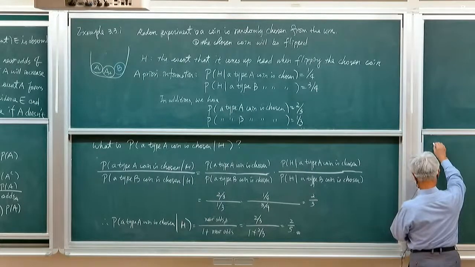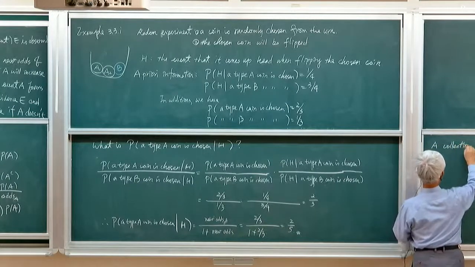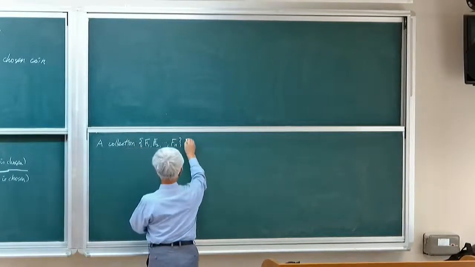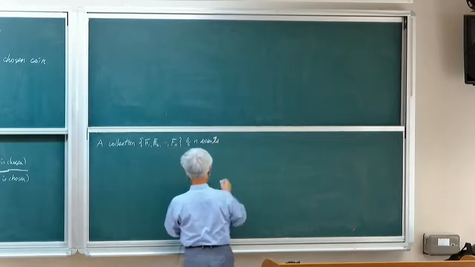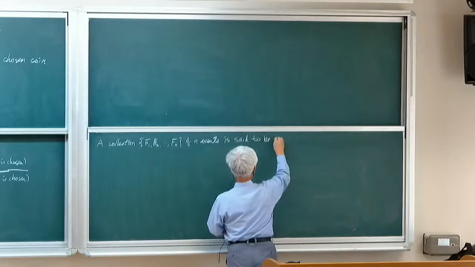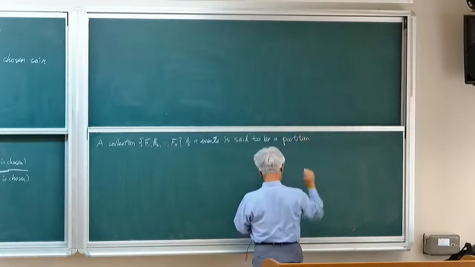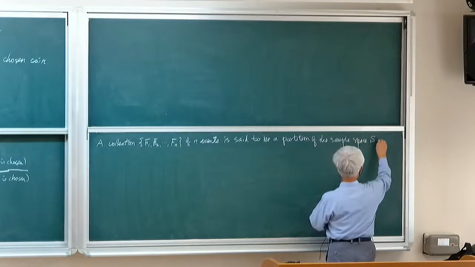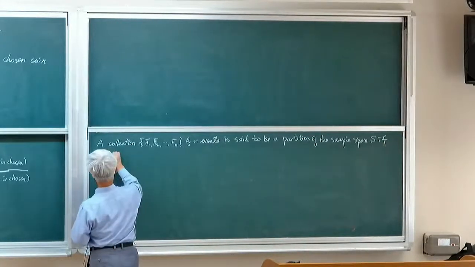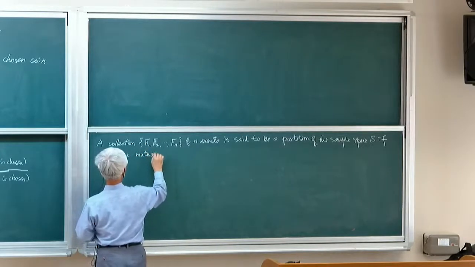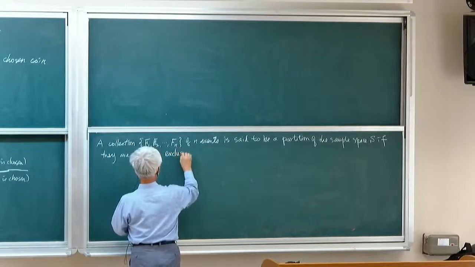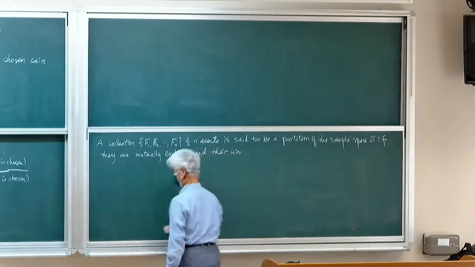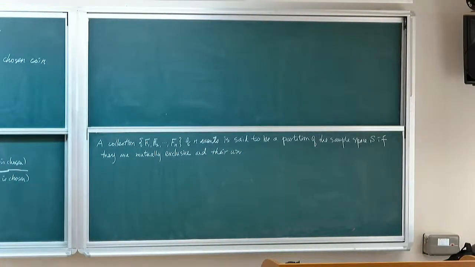All right, so now a collection F1, F2, ..., Fn of n events is said to be a partition of the sample space if they are mutually exclusive and their union is equal to the sample space.